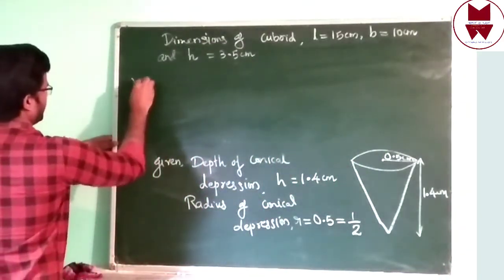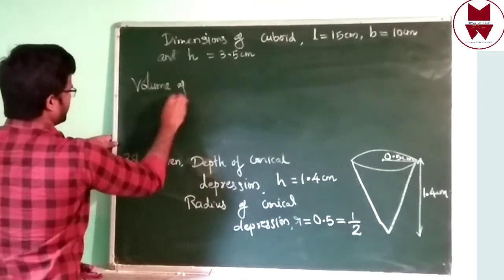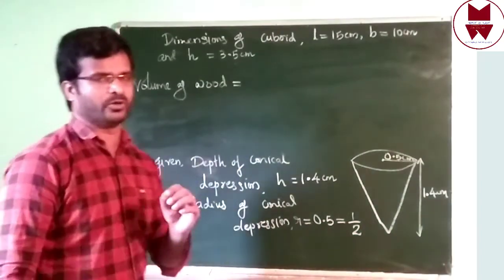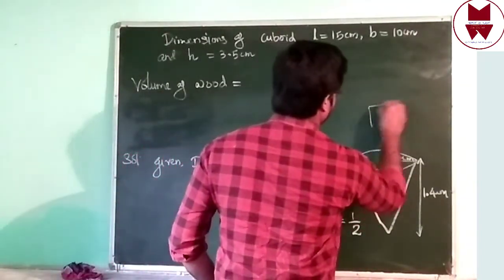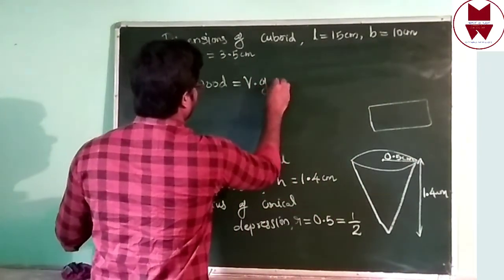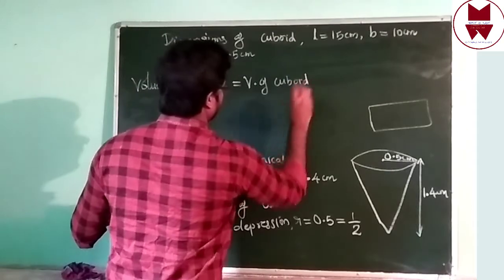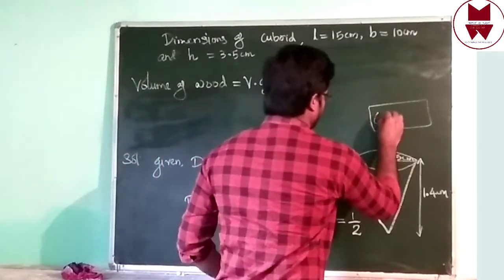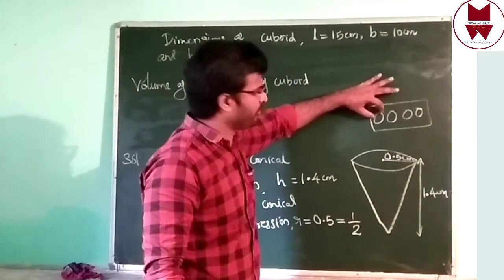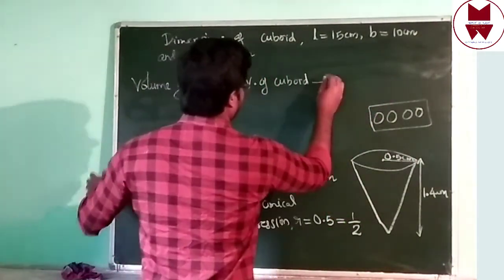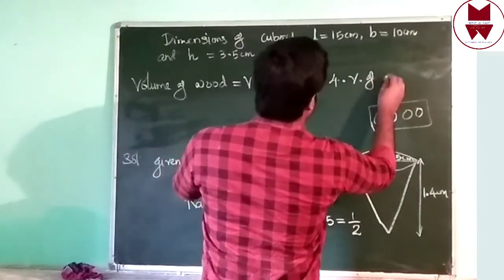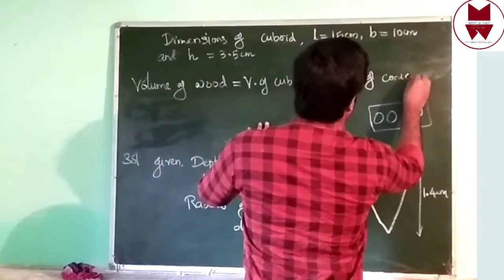Now for the question, the volume of wood equals, first we will find out the volume of cuboid. They have already told us there are 4 depressions, isn't it? Then we will subtract the volume of these 4 depressions. That means minus the volume of conical depression.